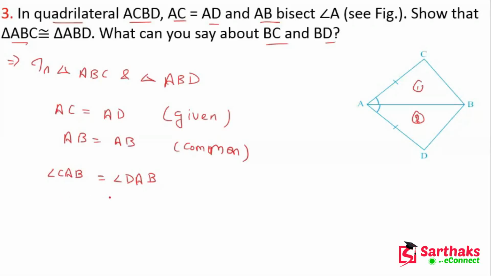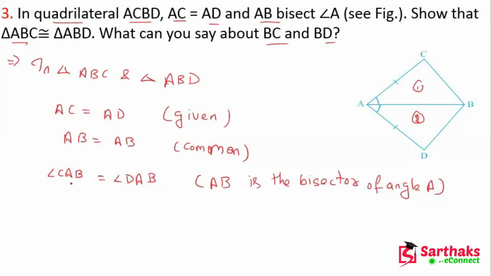Angle CAB is equal to angle DAB, because we know that AB is the bisector of angle A. So we can write here angle CAB, this angle, is equal to this angle.